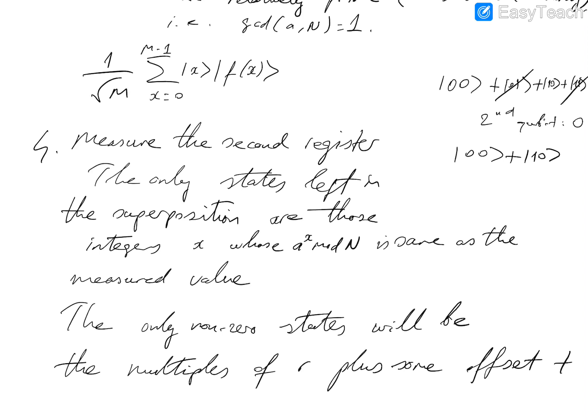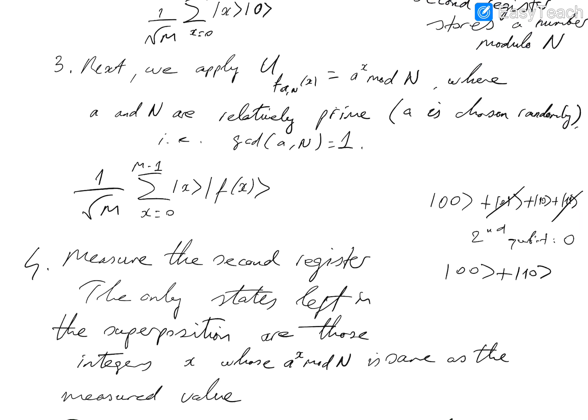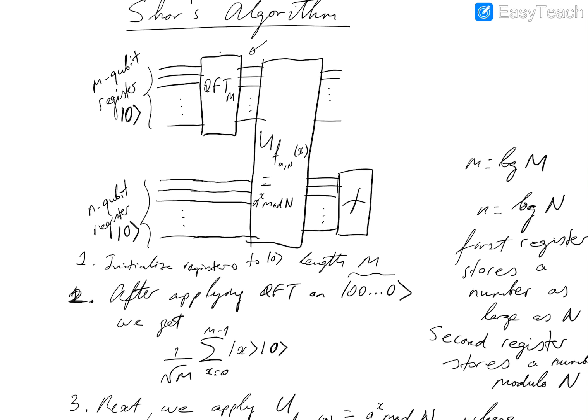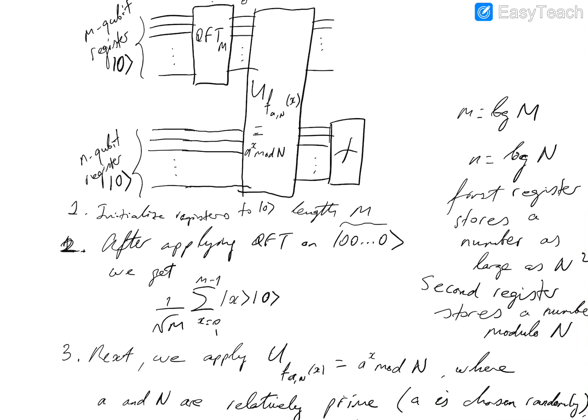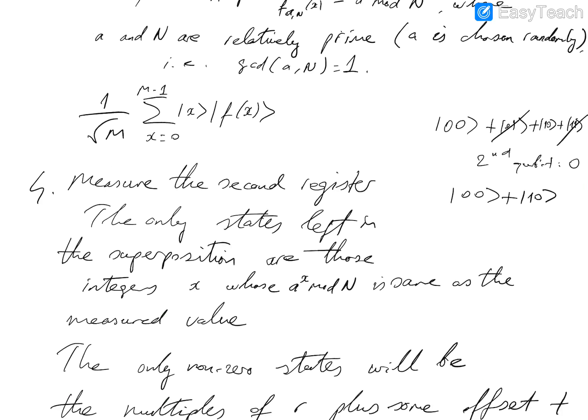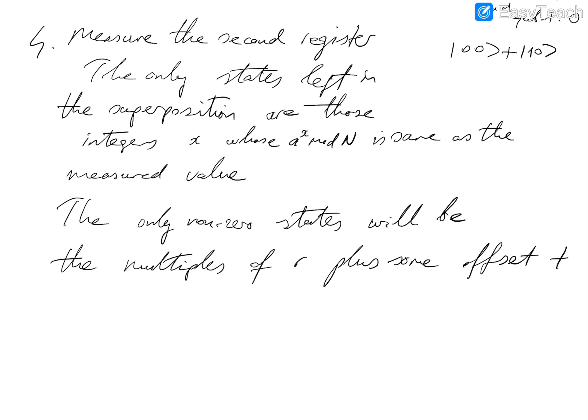Now, in the beginning, we said that we assume that r divides M. For simplicity, we assume that the period r divides the size of the input vector here. This is for convenience and simplicity, but I can assure you that the general case works as well.